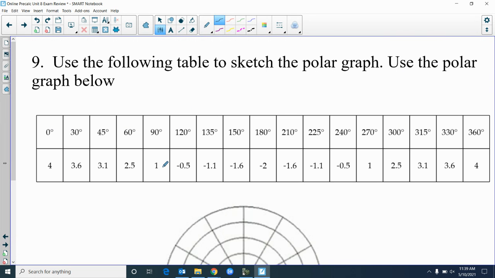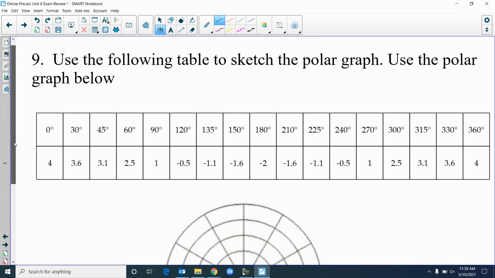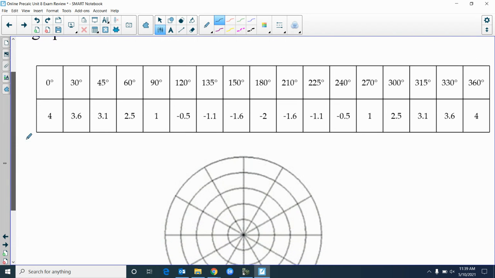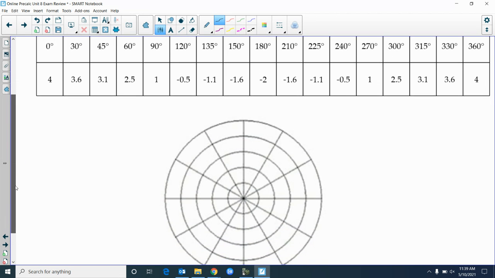Okay, on a polar graph, since you're allowed to use your graphing calculators at all times, this is one way I'll have you graph an equation. I will give you a chart, and it was generated from an equation, but you don't have that in front of you. So what you need to do is graph each point and connect.